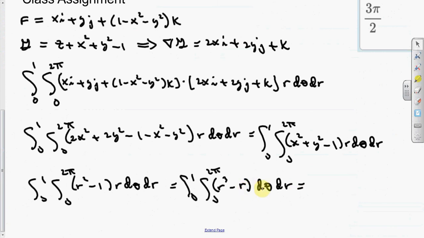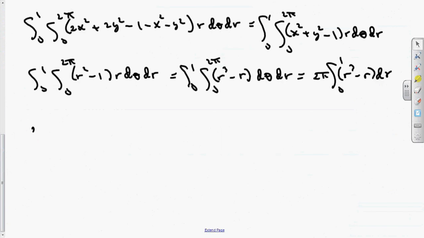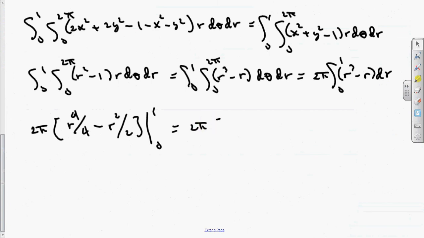There's no theta there, so that just becomes 2 pi times the integral from 0 to 1 of r to the third minus r dr. This is 2 pi, time just hit me, r to the fourth over 4 minus r squared over 2. Evaluate the r's from 0 to 1. This is 2 pi times 1/4 minus a half.